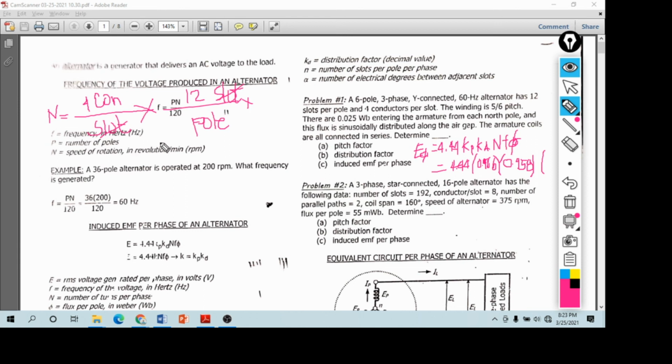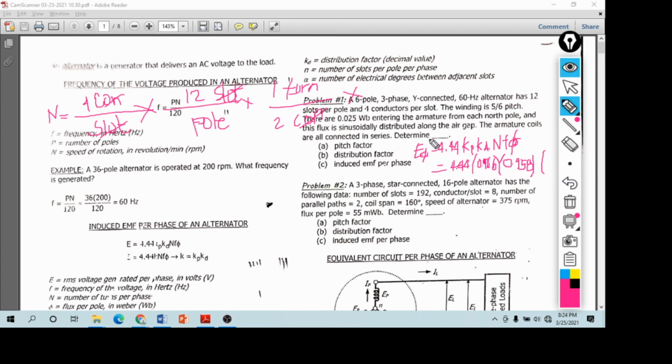Next, let's remember that one turn has no dimension here, meaning one turn, and how many conductors in one turn? We have 2 conductors, so cancel the conductors. Now, how many poles are there?